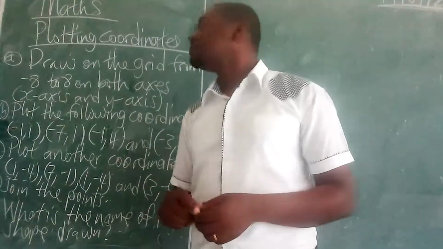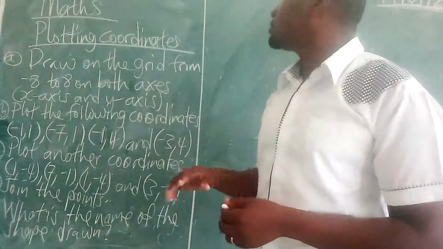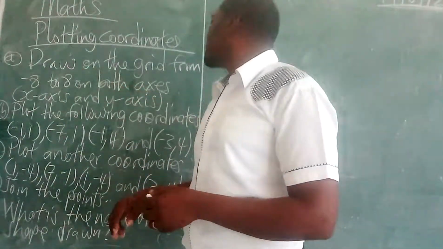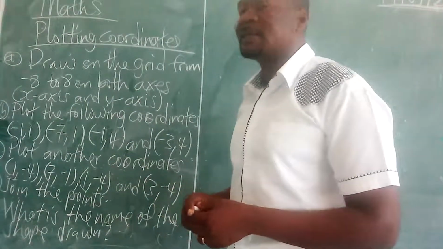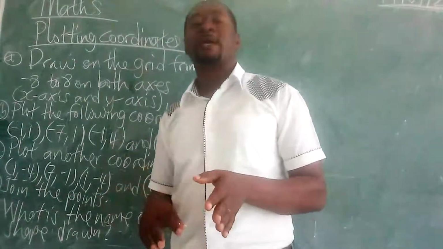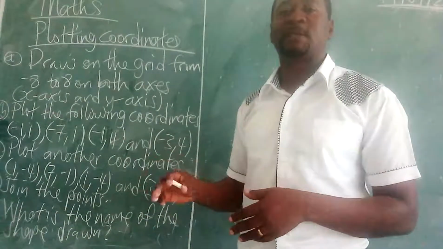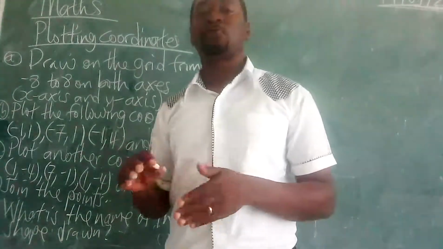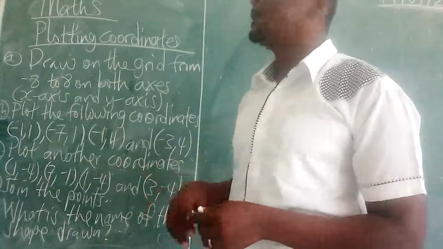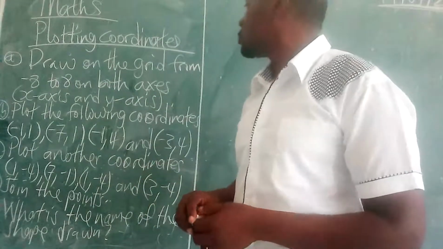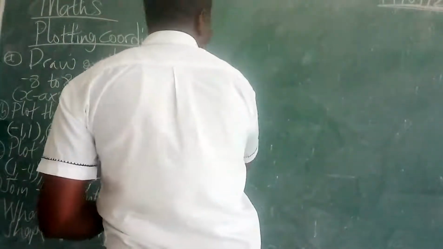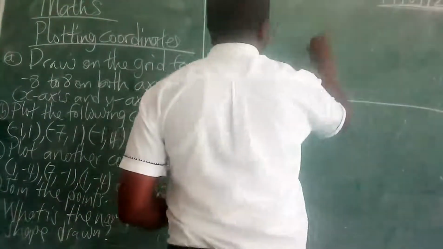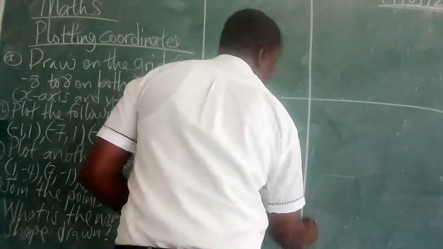Now we have on the board A. Draw on the grid from negative 8 to 8 on both axes. Yesterday's one was what? Negative 6 to 6. But this one is negative 8 to 8 on both axes. So let's draw. We have our horizontal line and then we have our vertical line.